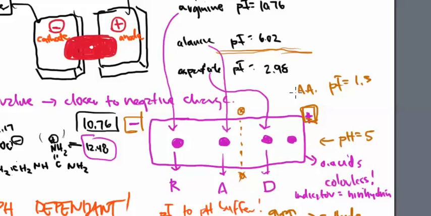But this is basically the same type of thing. You could take your fingerprint, put it on the sheet of paper that you're putting the amino acid on, and if you sprayed it, you would see your fingerprint show up on that sheet of paper.